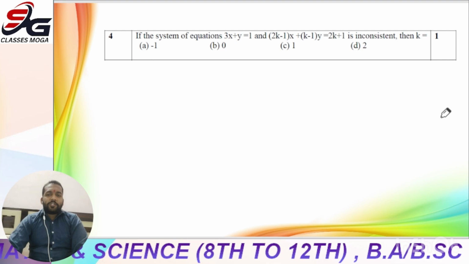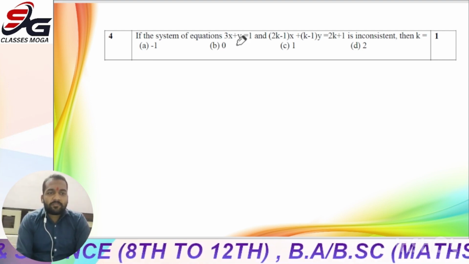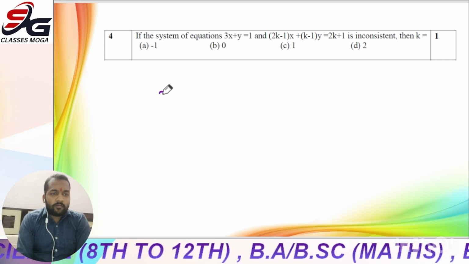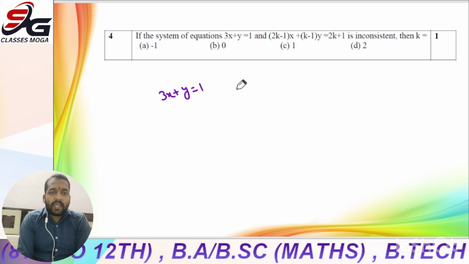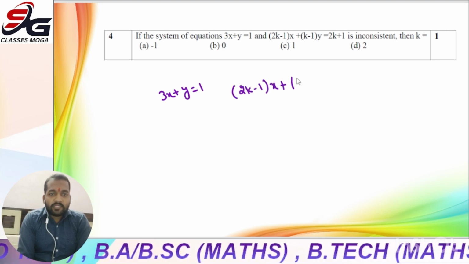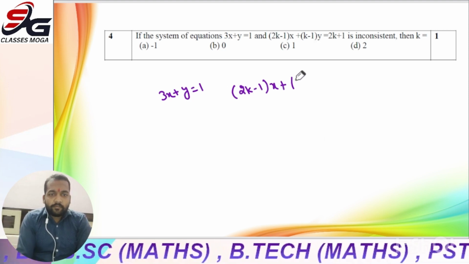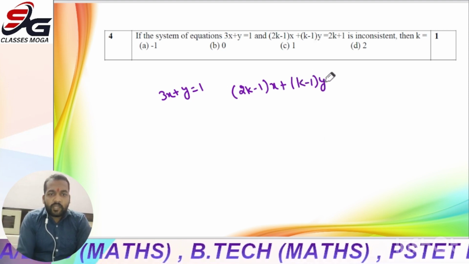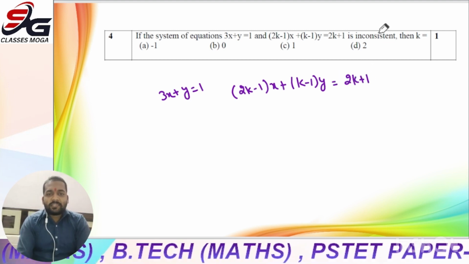Now students, question number 4. If the system of equations 3x plus y is equal to 1, and (2k minus 1) into x plus (k minus 1) into y is equal to 2k plus 1, is inconsistent.